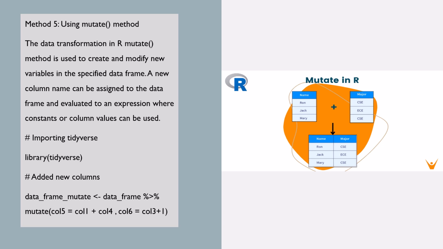A new column name can be assigned to the data frame and evaluated to an expression where constants or column values can be used. For example, if you want to create a new column called column 5, which is a sum of column 1 and column 4, and column 6 is a sum of column 1 and a constant 1, you would use the mutate function, pipe it with the data frame object.